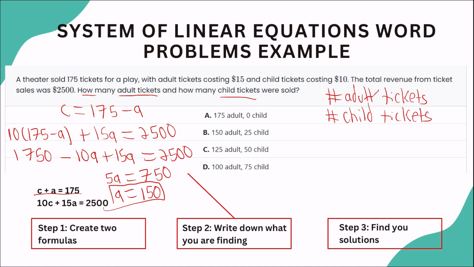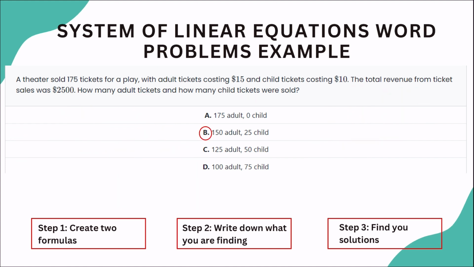So with a of 150, I can actually just see B is correct here, but let's find c for child tickets anyway, just in case. So c equals 175 minus a, and we found a is 150. And so this confirms a of 150 and c of 25. And B is our answer, as you can see.